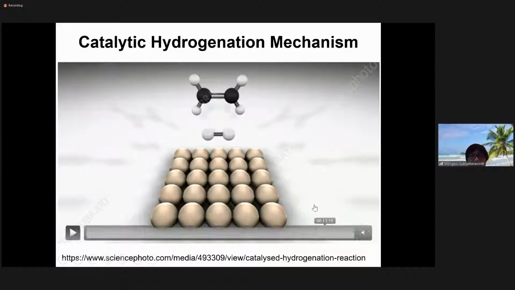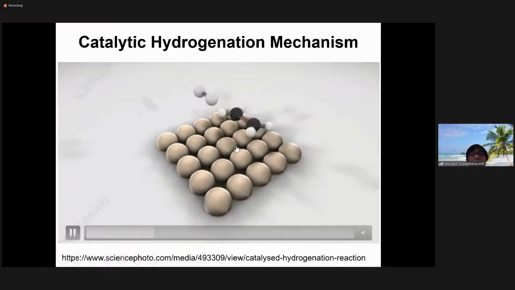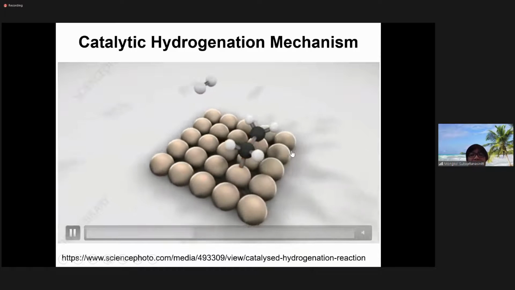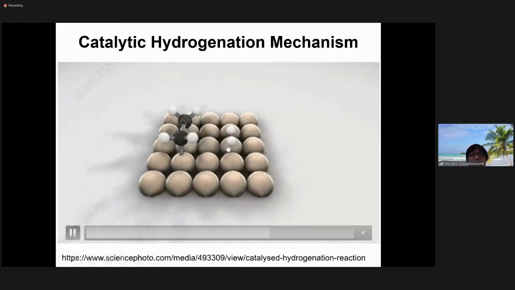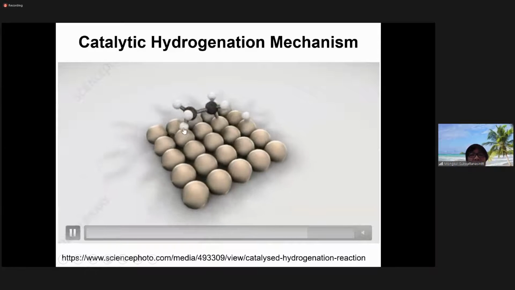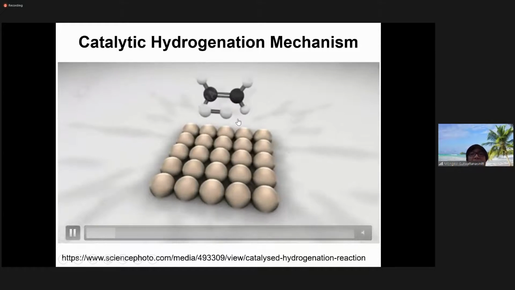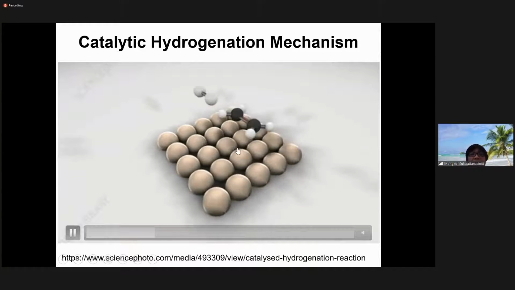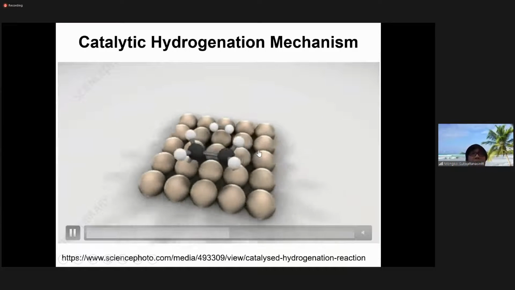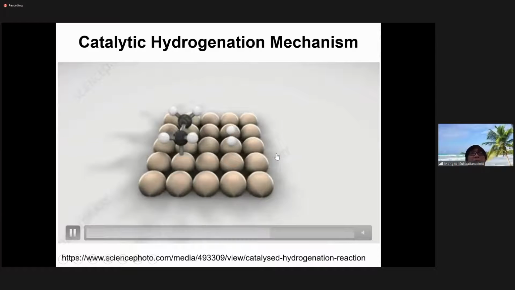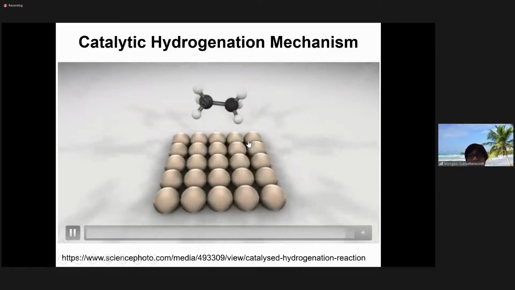Although I said the reaction goes by syn addition, it goes stepwise: one hydrogen atom first, the second hydrogen atom later. Sometimes this process allows the bond to rotate and the hydrogen adds from the other side, because it's reversible, you know.